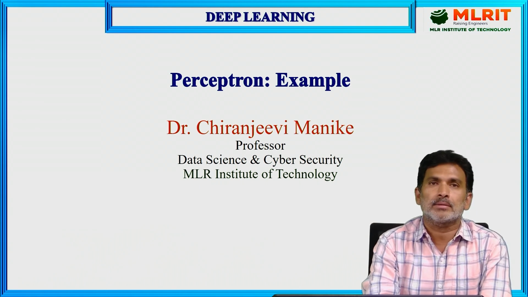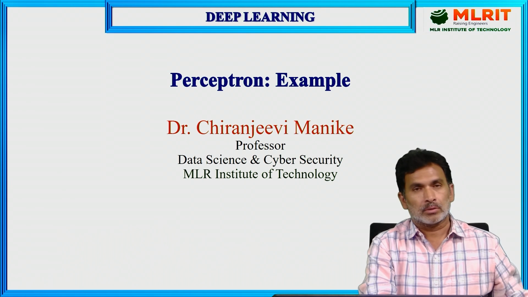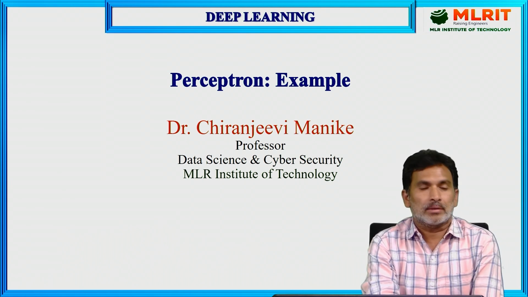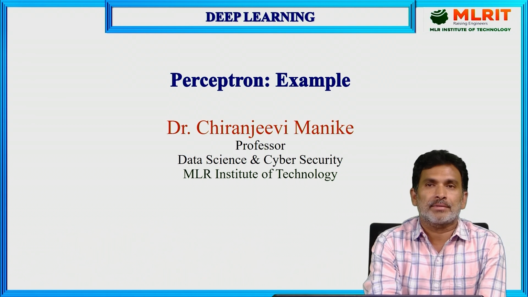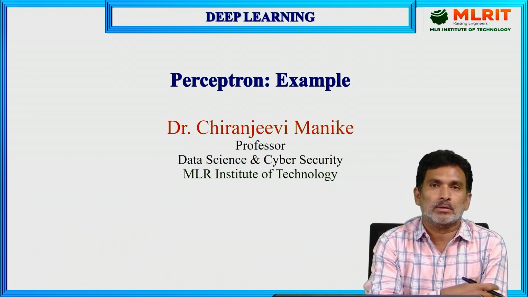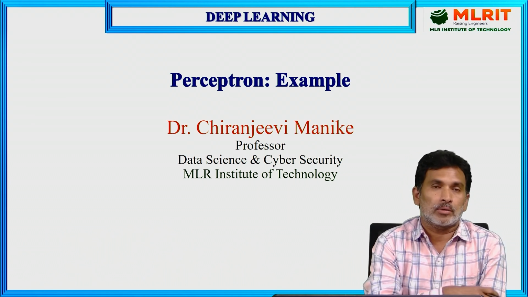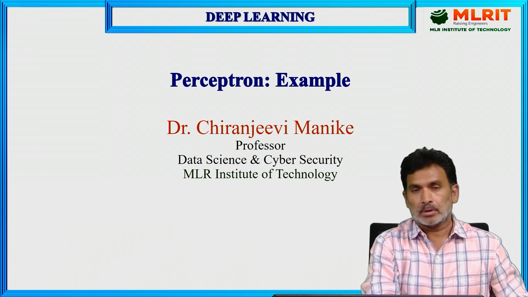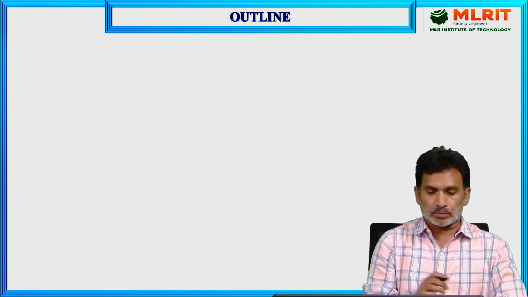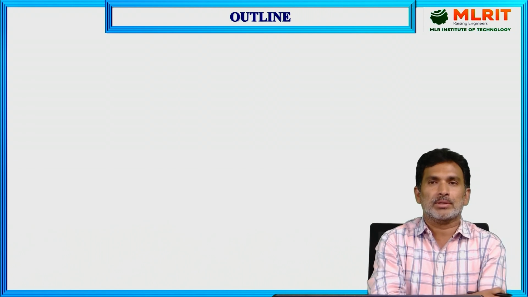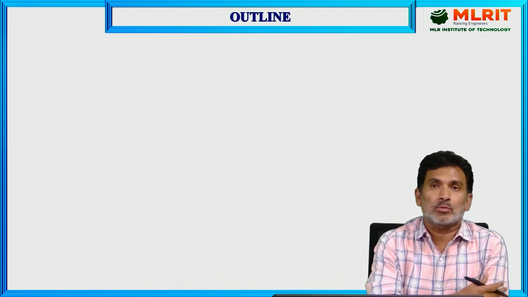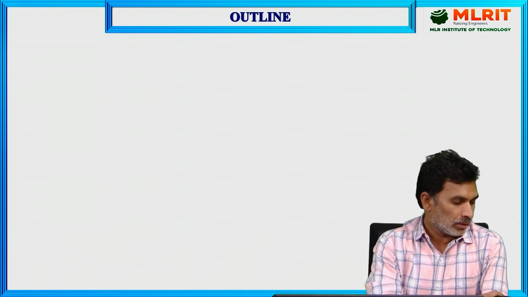In this lecture, we are going to discuss mainly one numerical example to understand the perceptron. In the previous class lecture, we discussed the basics: the definition of a perceptron, what an artificial neuron is, what an artificial neural network is, and so on. Now we will recall the definition of a perceptron, and then see an example of how perceptron training is done.